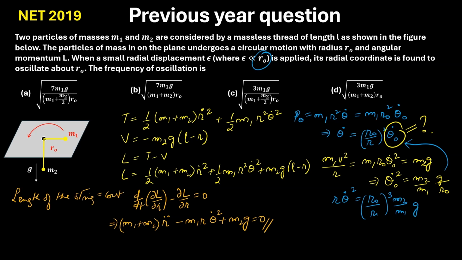Now you can use this expression and substitute it here. You can pause the video and try the substitution. Then it will be better if we go to the next slide, because the equation is a bit lengthy.